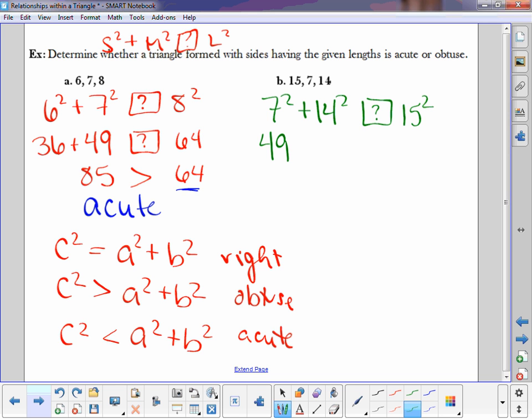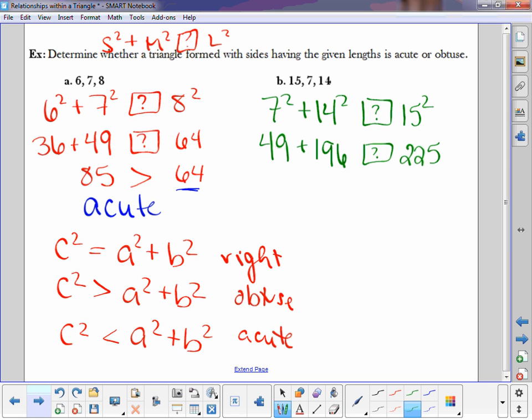What's 14 squared? 196. That is my favorite perfect square. Why? Because 13 squared is 169, 14 squared is 196. You just flip-flop the last two numbers. But I like the even number. And then what's 15 squared? 225. You are going to want to be familiar with your squares up to 15 squared.